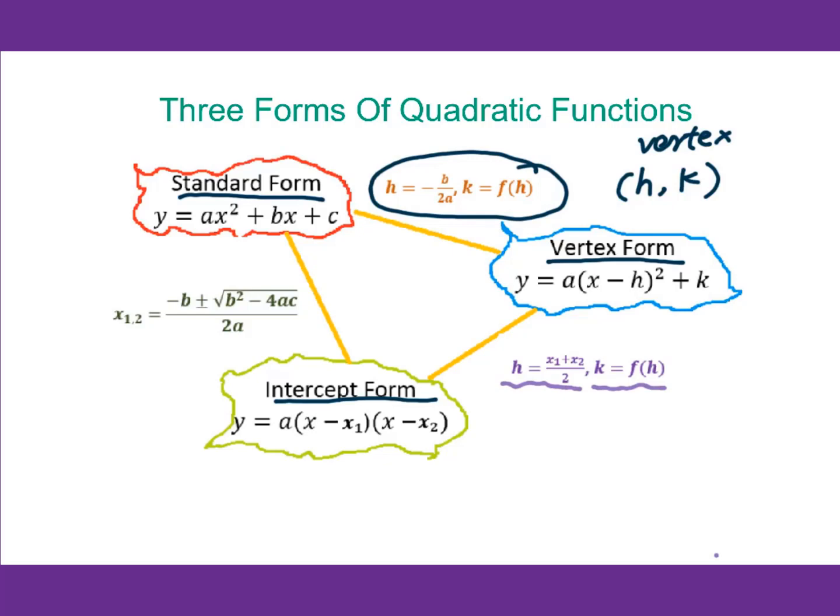For the relation between standard form and intercept form, we use the quadratic formula to figure out x1 and x2, then you can change into intercept form.